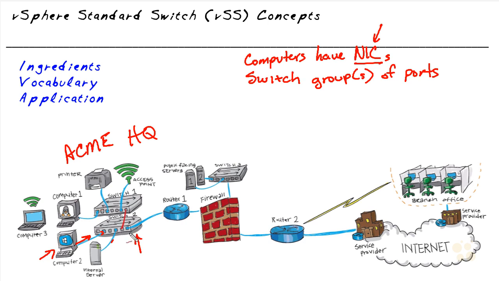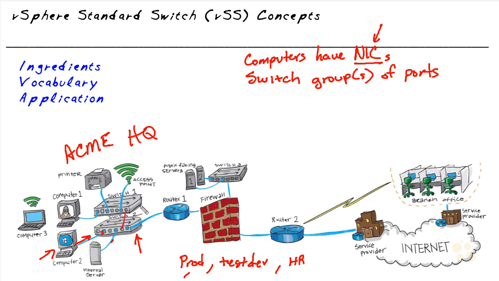So for example, on switch number 2, maybe we have 3 different groups of ports: one for production, one for test and development computers, and one for human resources. We'd simply make sure that when we connect a computer to the switch, the port it is connected to is associated with the correct group of ports.